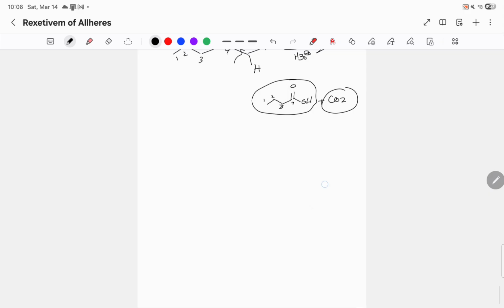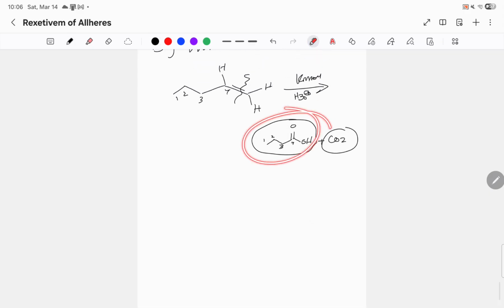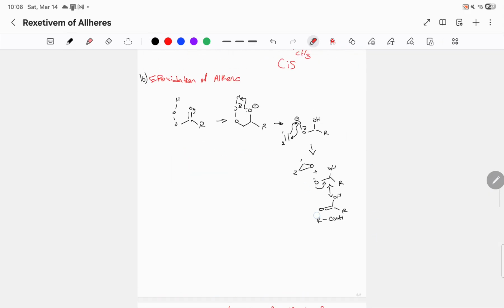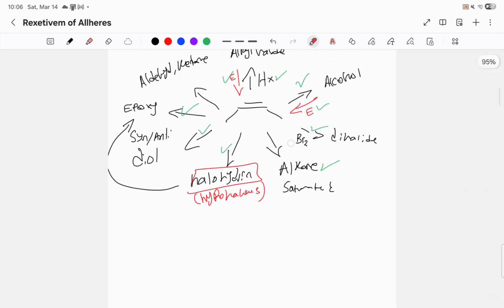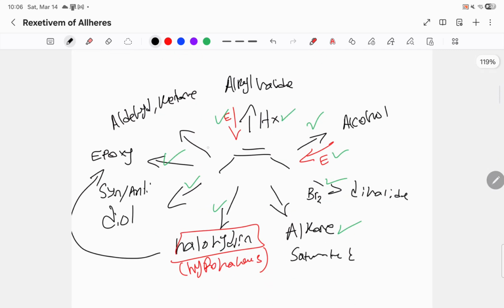Okay, so we know one way of making a carboxylic acid now. Actually, this is amazing. Let's write this down for ourselves. In our little reaction toolbox there, we can make a carboxylic acid as well, by way of KMnO4. Aldehyde and ketone: ozonolysis, KMnO4 as well, right? Although that's just for the ketone.